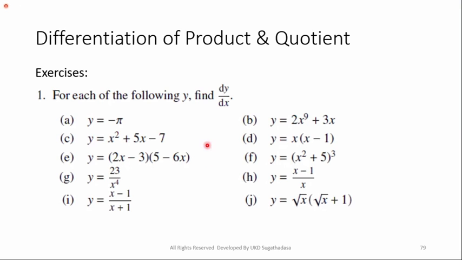Just doing the first instance, multiply. You get 10x minus 15 minus 12x squared plus 18x.